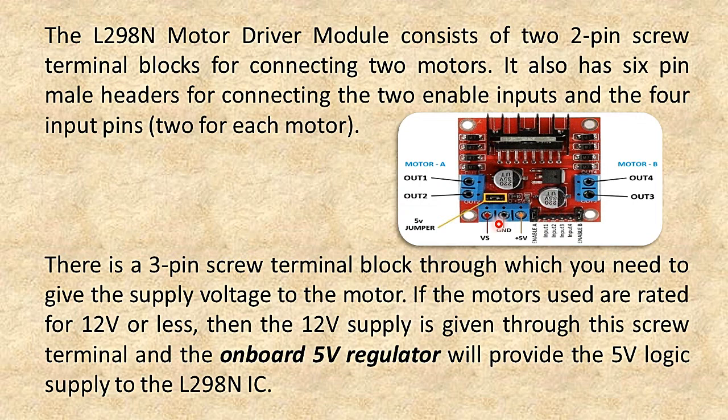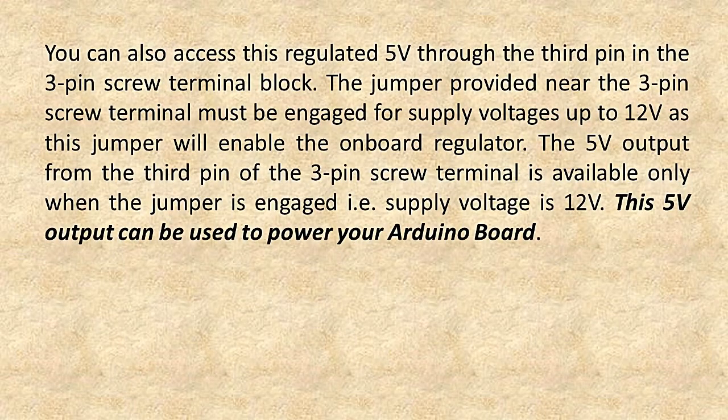And the onboard 5 volt regulator, this one, will provide the 5 volt logic supply to the IC L298N. And also you can obtain this 5 volt at this terminal. You can also access this 5 volt regulated through the 3rd pin in the 3-pin screw terminal block.